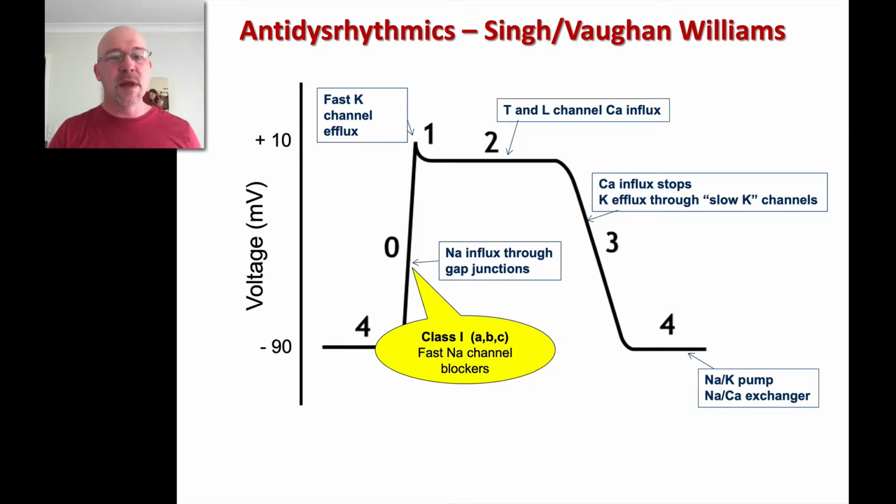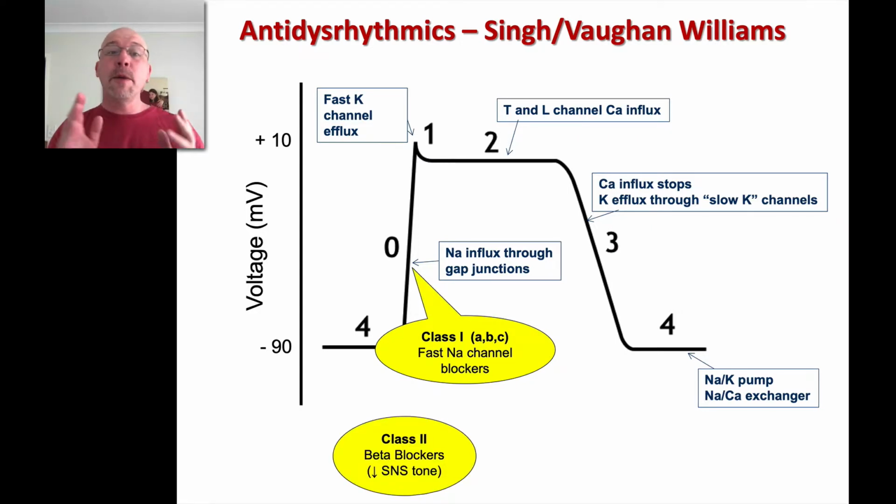So, for example, the class 1 antidysrhythmic drugs, and they're broken down into class 1A, 1B, and 1C, block the fast sodium channels that open up in phase 0. So any drug like lidocaine that interferes with that section of the depolarization curve is called a class 1 antidysrhythmic. Pretty simple idea.